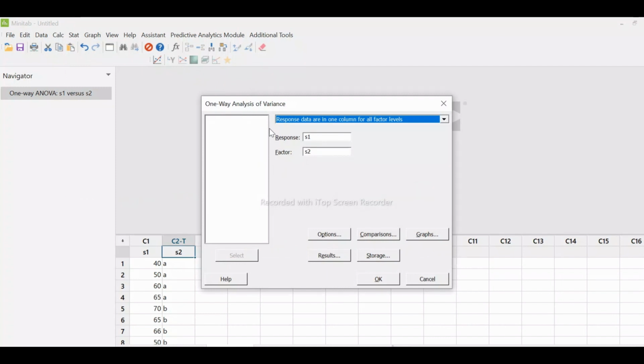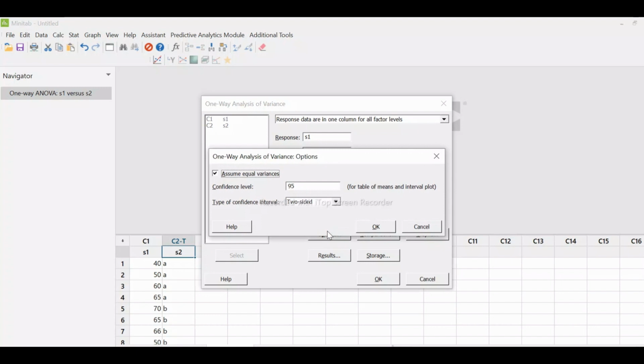Yes, we have put all the observations of the different factors in one column, so we select that. For the response we put the observations column here, and in the factor we put the coding column.